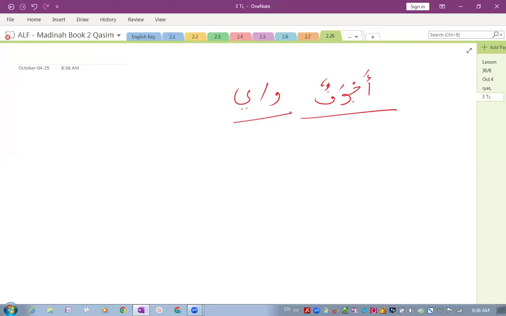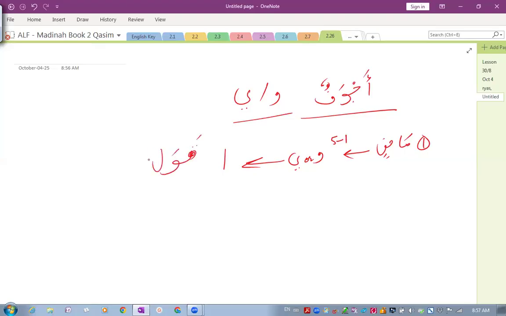So rule number 1 for madi: for conjugations 1 to 5, the middle radical waw or ya gets changed to an alif. For example, kawala becomes qala.